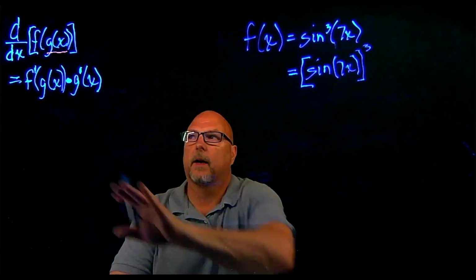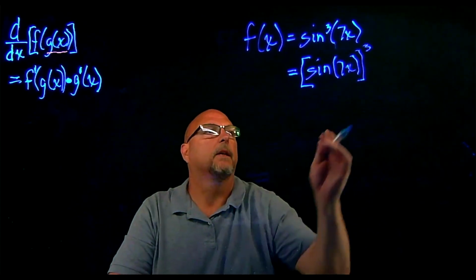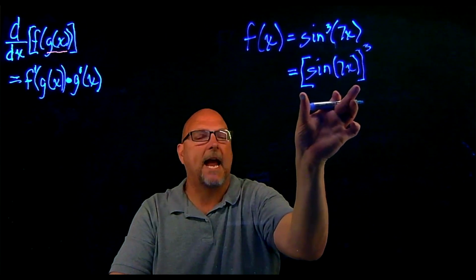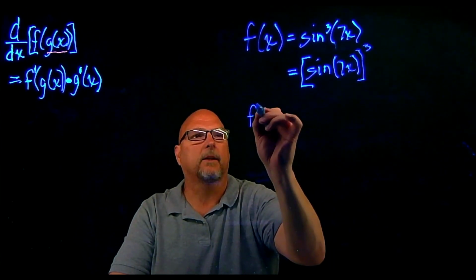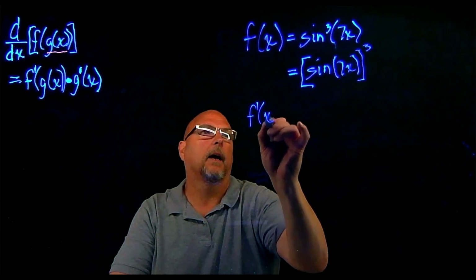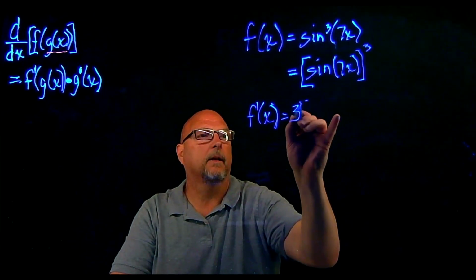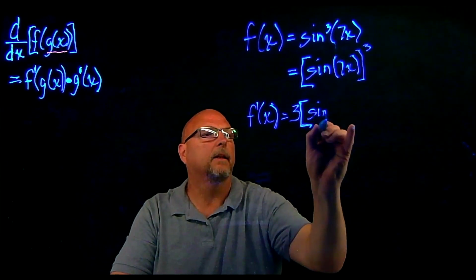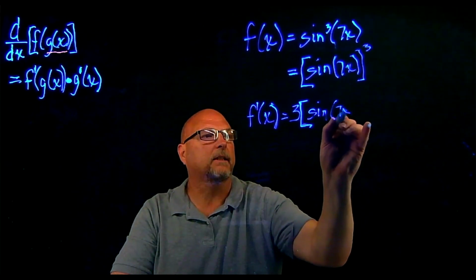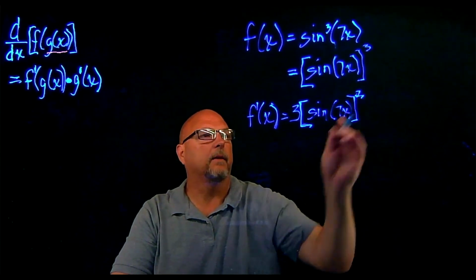So now I can employ the chain rule here. So I'm going to pretend this is x cubed. So if it was x cubed, to take the derivative, I would say, all right, 3 times the sine of 7x squared.